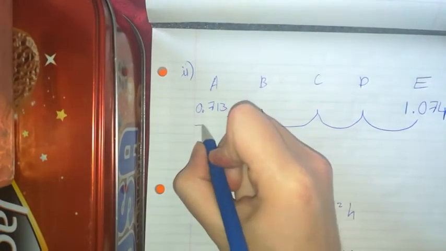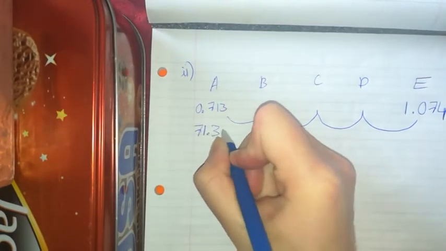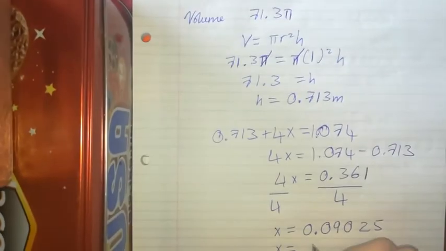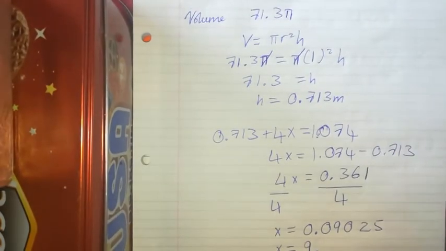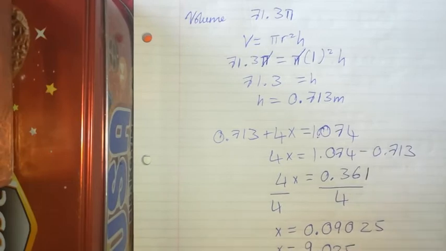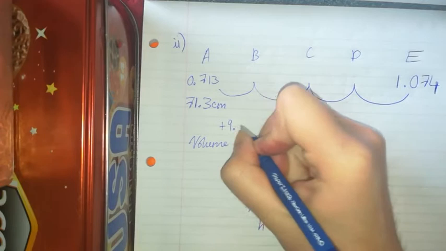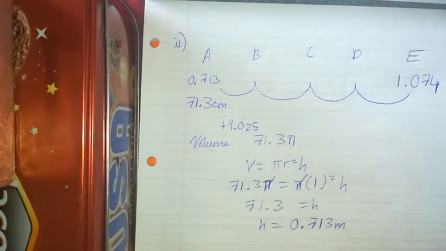So this is 71.3 centimeters, and the jump for each of them, if I have that in centimeters, will be 9.025. So each of them will have to add on 9.025.